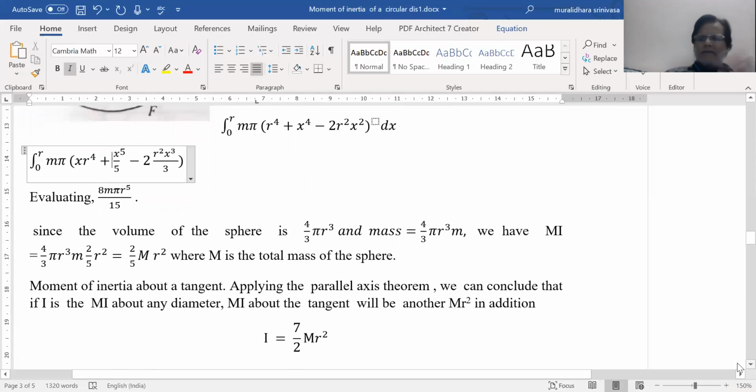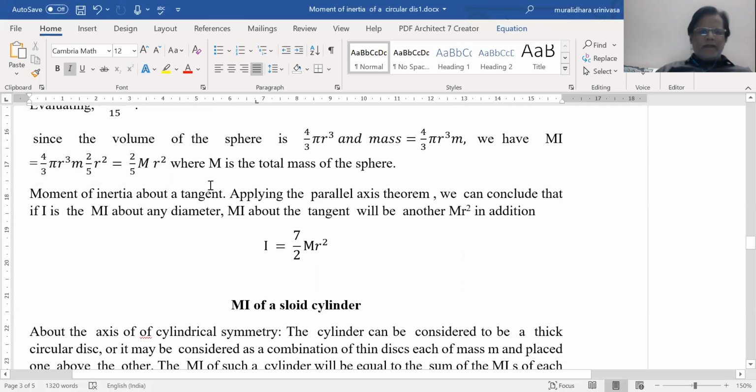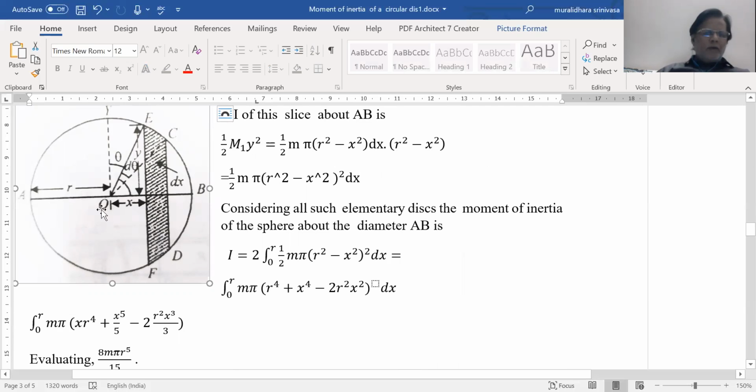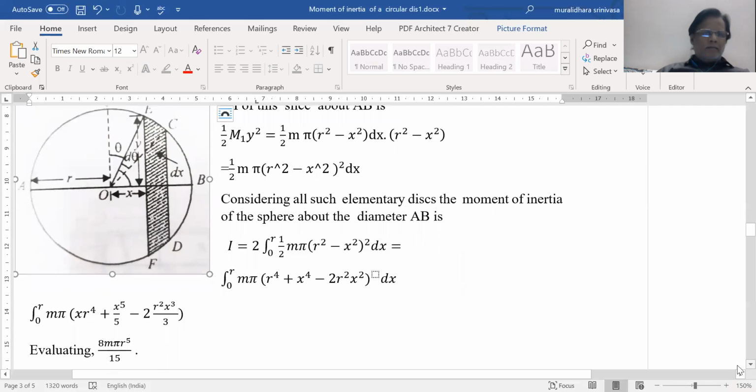This m is the mass per unit volume, and the mass of the sphere has the formula 4/3 pi r cube. So in terms of mass, if you take 4/3 pi r cube m, where m is the mass per unit volume, then the moment of inertia reduces to 2/5 m r square, where r is the distance of the slice from the diameter. This passes through the center O. Again, because it's a sphere, this length is equal to this length.